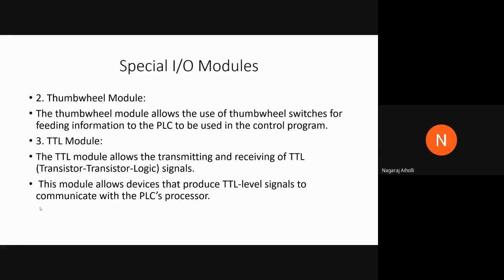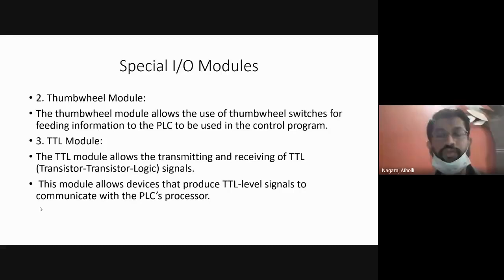It has a switch called a thumb wheel switch, which is a type of rotary switch, wherein when you rotate it, the numbers are displayed on the display. Suppose the number 2 is displayed, that number 2 will be converted into a binary value, or a hexadecimal value. The binary value of 2 is 0 1 0.